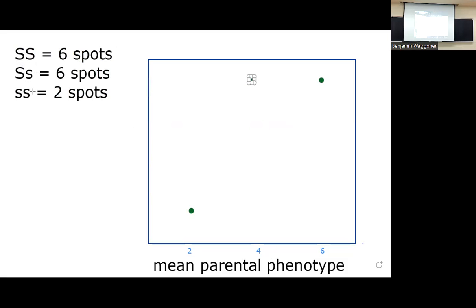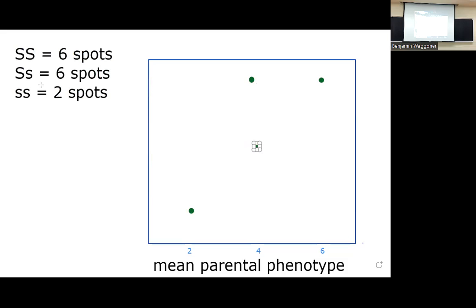The average of 6 and 2. But if I cross big S with little s, with little s, the mean parental is 4, but half the offspring will have 6 and half the offspring will have 2. So we have a point right there.